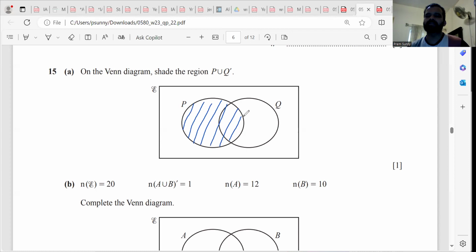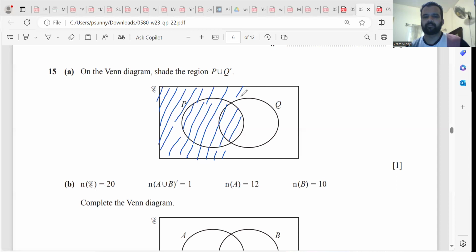Q complement means everything other than Q. Everything in this rectangle other than Q is Q complement.